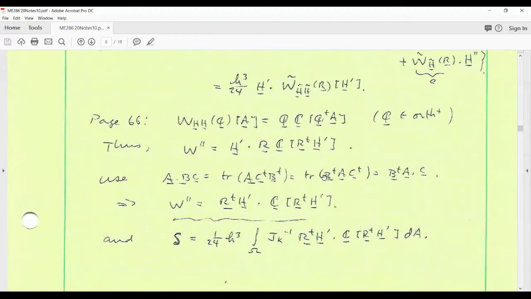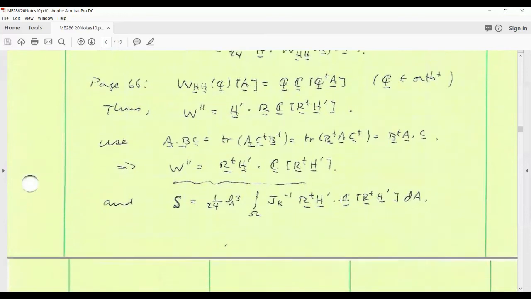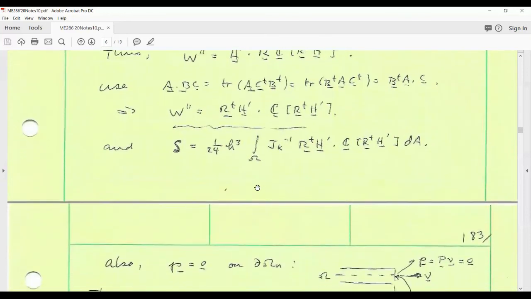So we could put the B transpose in front. Then this would be B transpose A inner product C. So we could take B, put a transpose on it, put it in front. H prime inner product C, R transpose H prime, which is a more symmetric looking version of the result. So here's our leading order approximation to the strain energy in the case of pure bending.